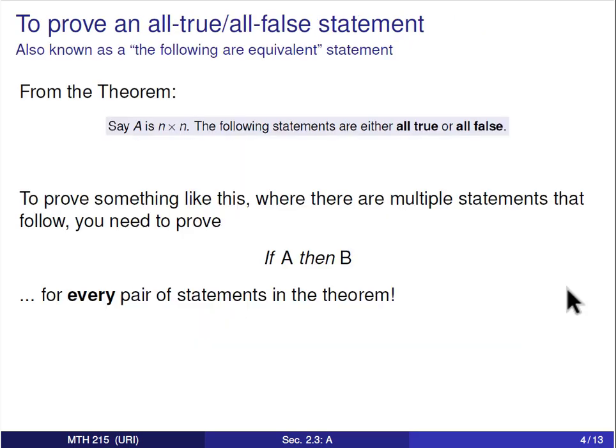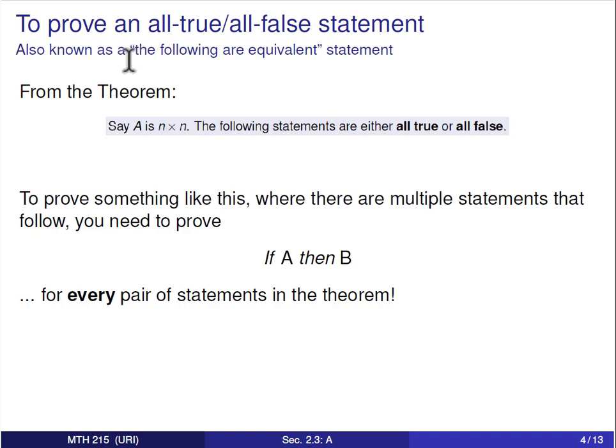All right, so first off, the statement of the theorem begins with this line. Say A is n by n, the following statements are either all true or all false. And that's followed, of course, by a long list of statements. Now, this kind of theorem, where you're saying that a bunch of things are either all true or all false, often appears with different language.